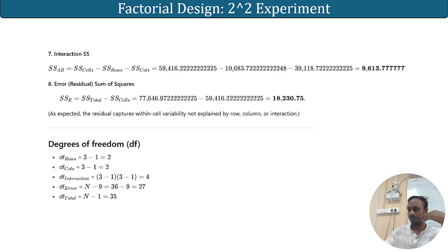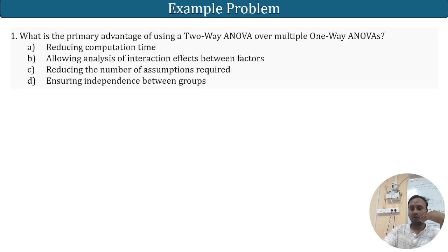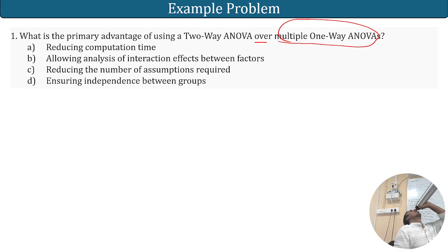Okay, sir. Can you just tell what is the answer for this? What is the primary advantage of using two-way ANOVA over using multiple one-way ANOVA? B is the answer, sir. Yes, it's correct.